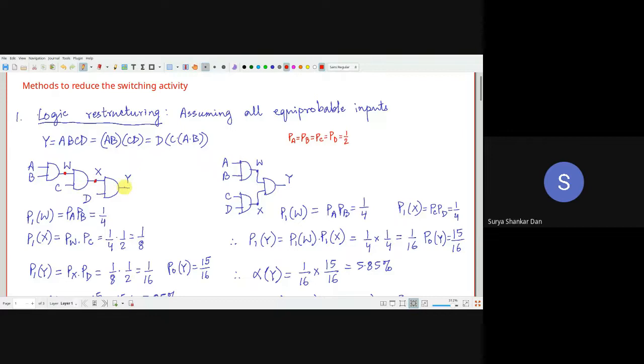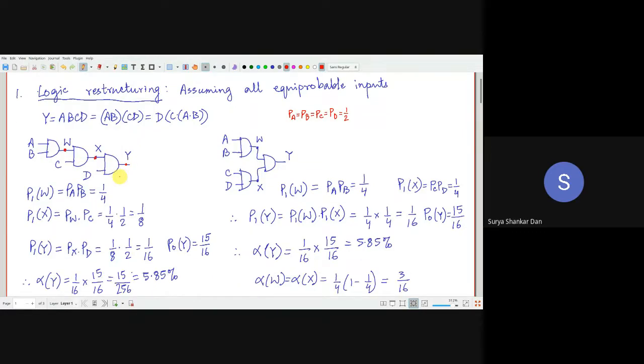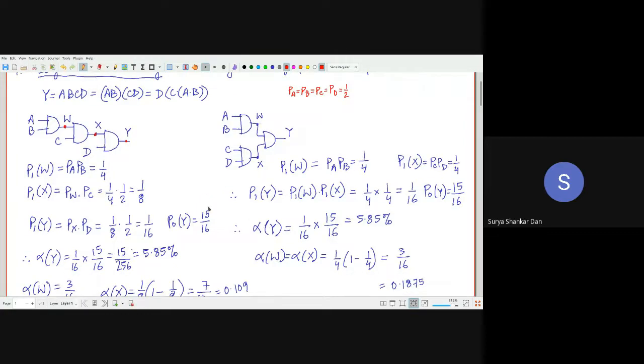So what is the probability of getting 1 at the output node Y? It will be simply Px into Pd, simple. The same way you will get 1 upon 16. So what is the probability of getting 0 at the output node Y? It will be 1 minus P1Y, that is 15/16. Correct. So what is the switching activity at the output node Y?